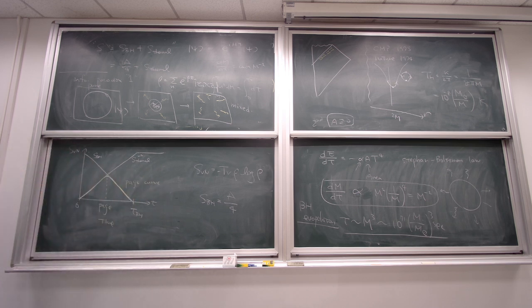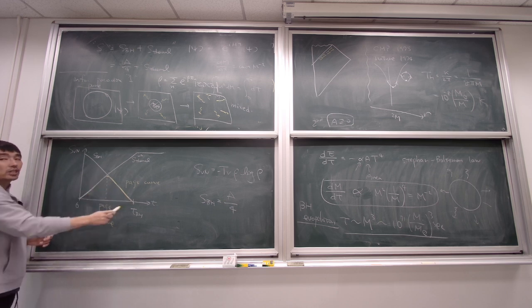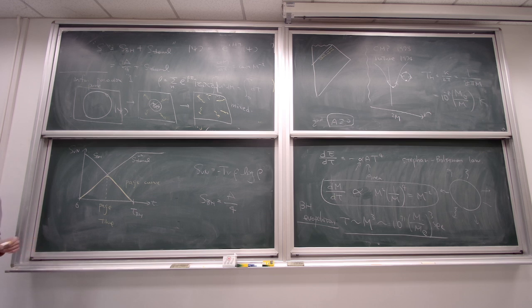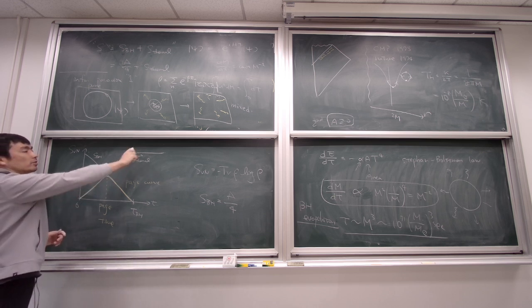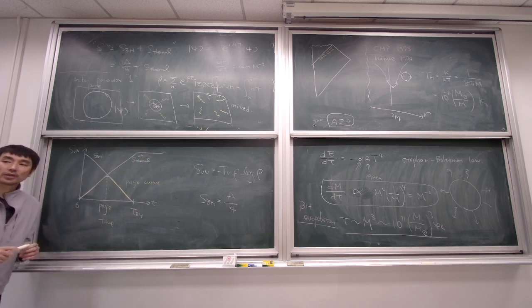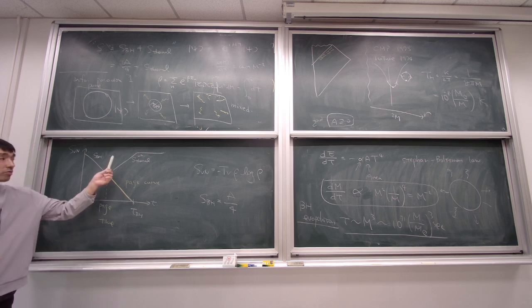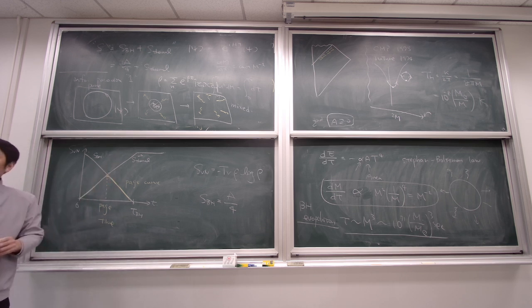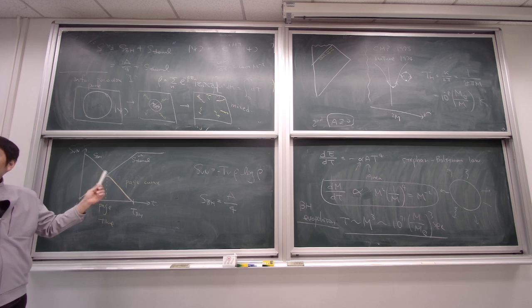If you believe the unitarity of quantum mechanics and so on, this yellow Page curve should be correct. But the Hawking calculation just shows that the von Neumann entropy keeps increasing as time goes. So there is something wrong in the Hawking calculation. That's what I'm going to briefly introduce next time.